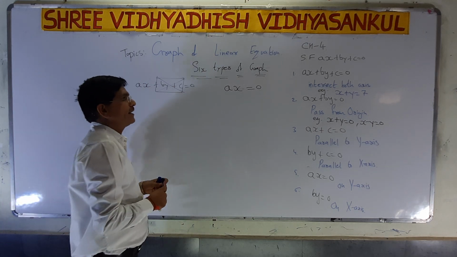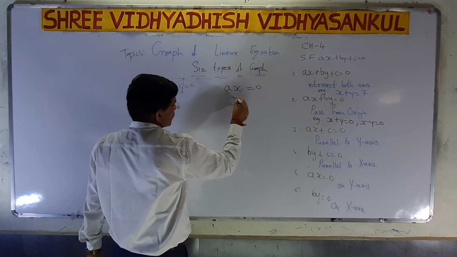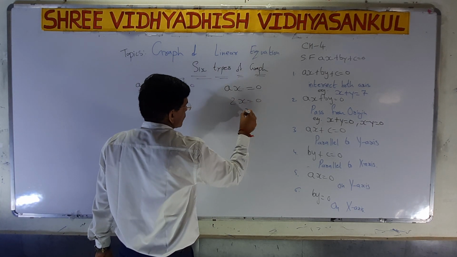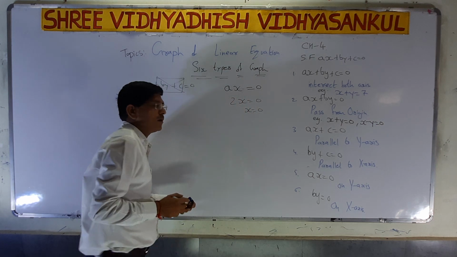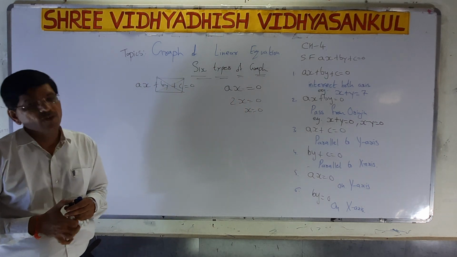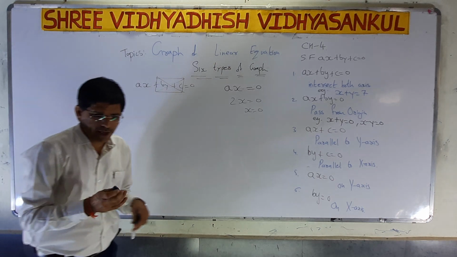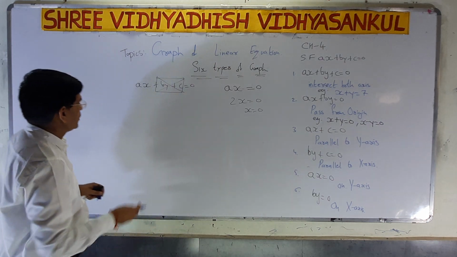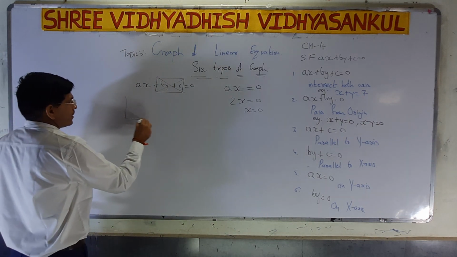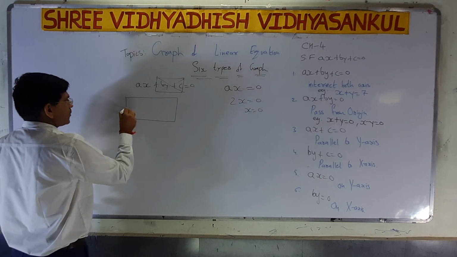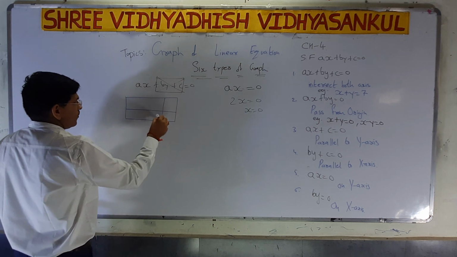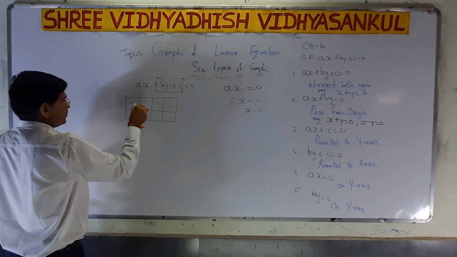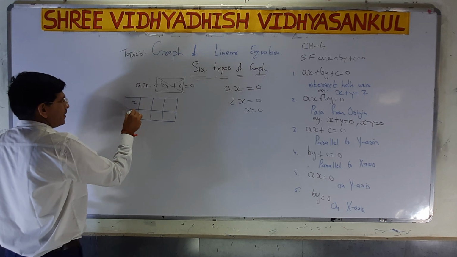So we can take any example. 2x is equal to 0, so x is equal to 0. So the value of x is fixed. Now if we draw the table, rectangular, with x and y.